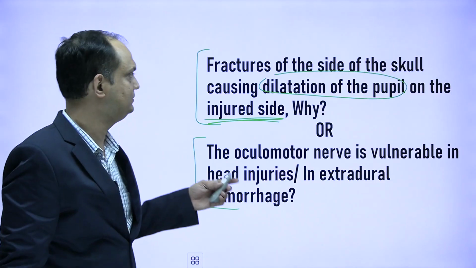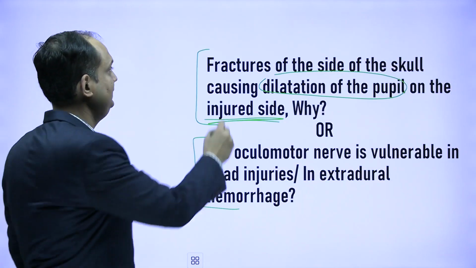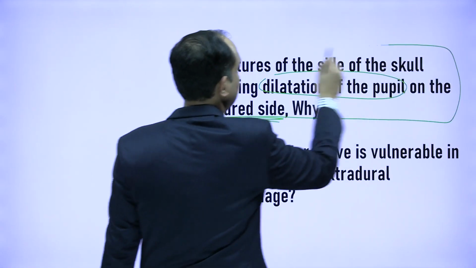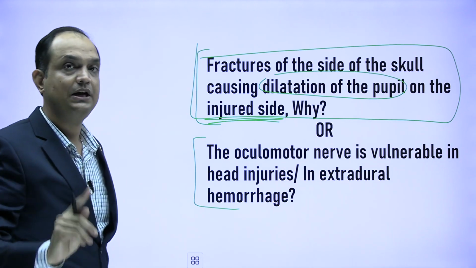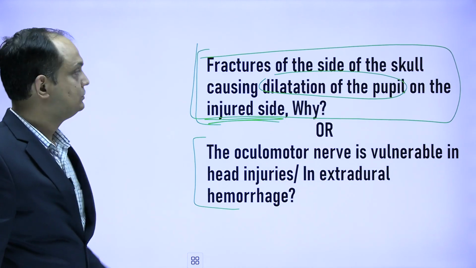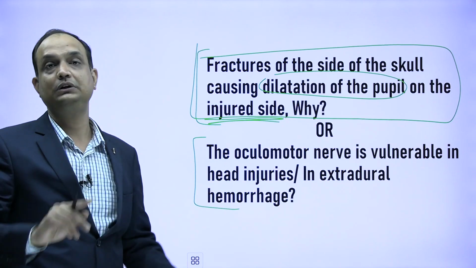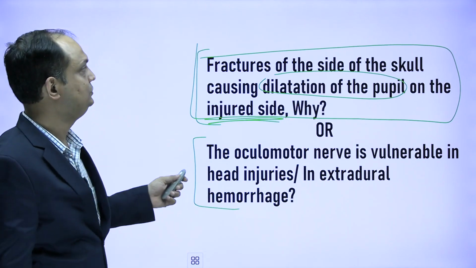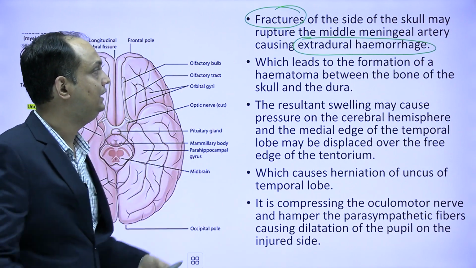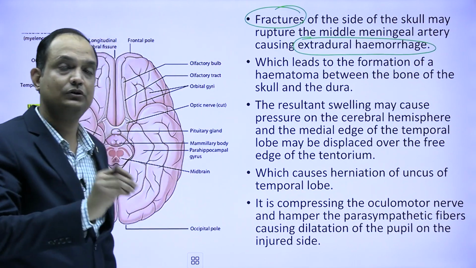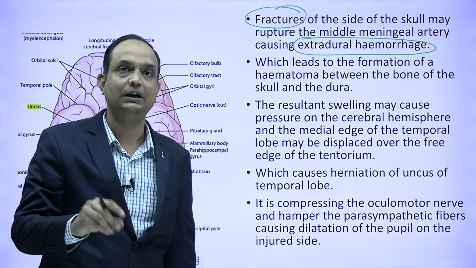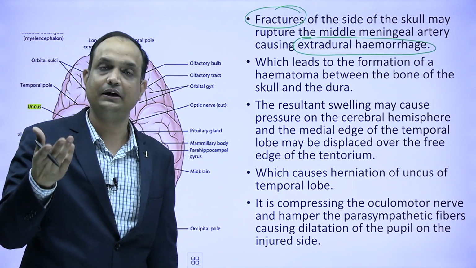Whenever you have this question, always remember that we are talking about extradural hemorrhage, never intradural hemorrhage. So what will happen? The fracture of the skull leads to extradural hemorrhage due to rupture of the middle meningeal artery. This extradural hemorrhage causes compression syndrome, like vomiting and high intracranial tension.